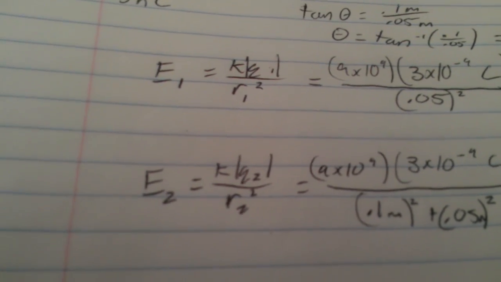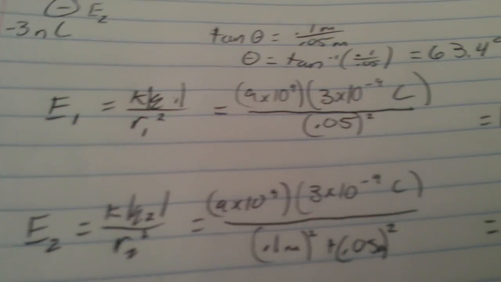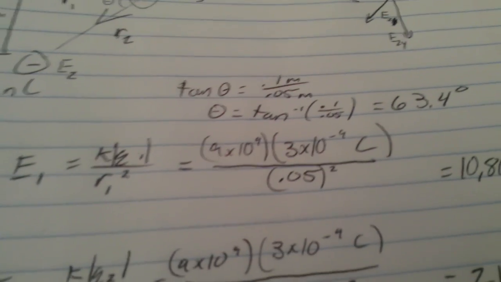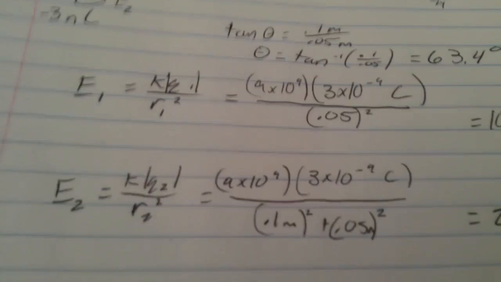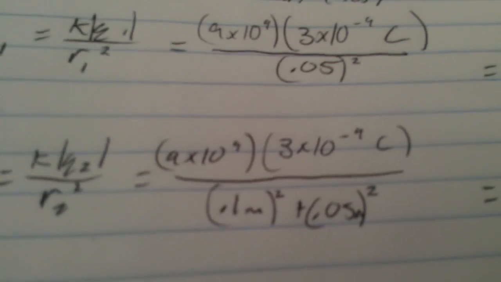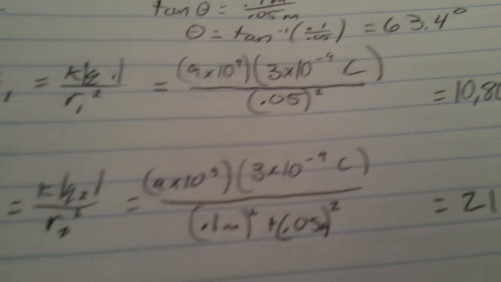And E2, you can use the same equation, kQ over r squared, and do the absolute value because you can use common sense to find the direction of the electric field that the charge gives off. And the r is a little bit different because you have to use the Pythagorean theorem to get that r because of the angle.